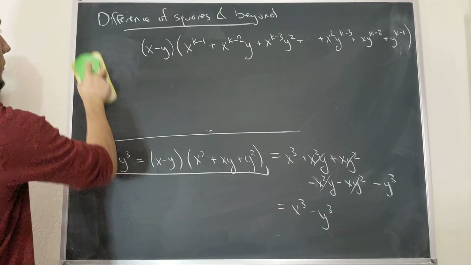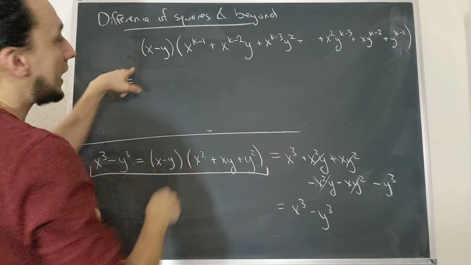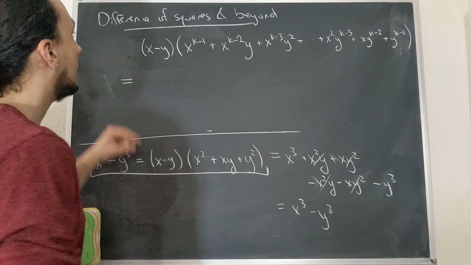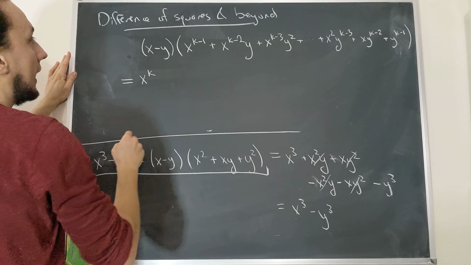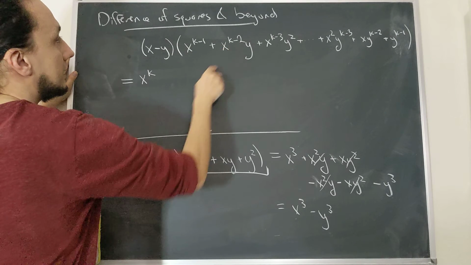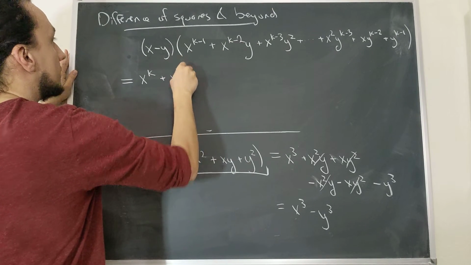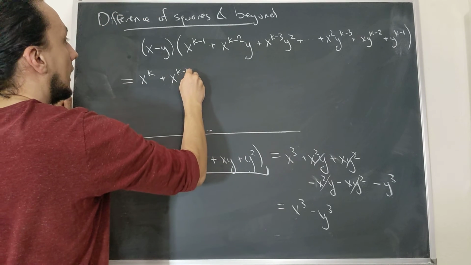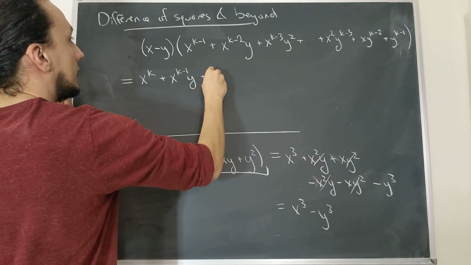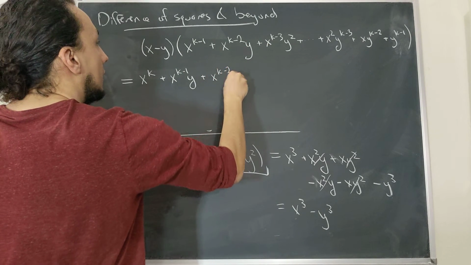Let me erase this and start from this product and figure out what happens if I actually multiply this through. Well, I get x times x to the k minus 1. That's my x to the k. Then I get x times x to the k minus 2 y. That gives me plus x to the k minus 1 y, because it's x times this, so the exponent's going up by 1, plus x times x to the k minus 3, y squared.